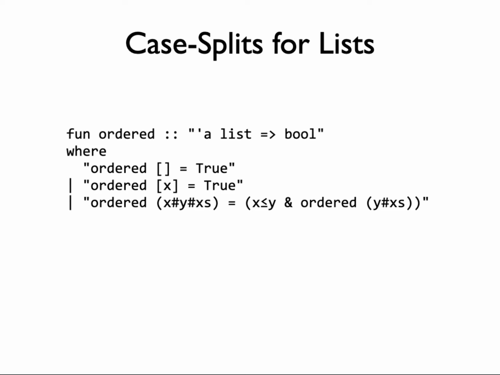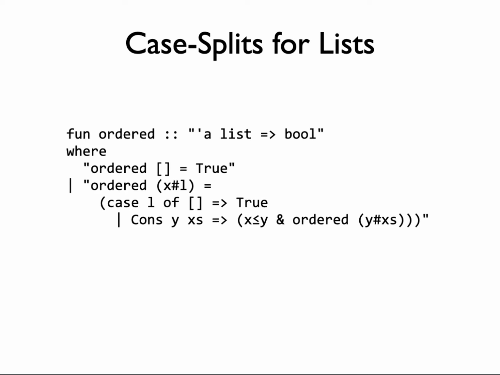If I want to show you that merge gives you an ordered result, we need to define the notion of ordered, or sorted, if you prefer. So here's one definition. You see the empty list is sorted, every one element list is sorted, and for longer lists, we want the first two elements to be in their order, and furthermore, if you take away x, what you've got left also needs to be ordered.